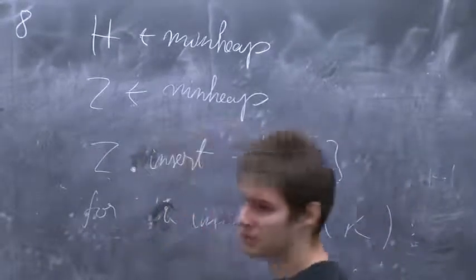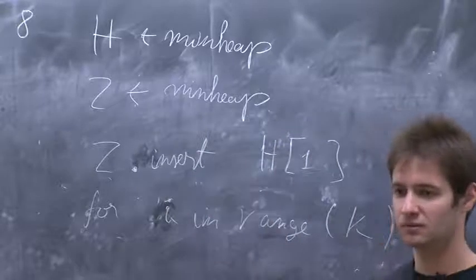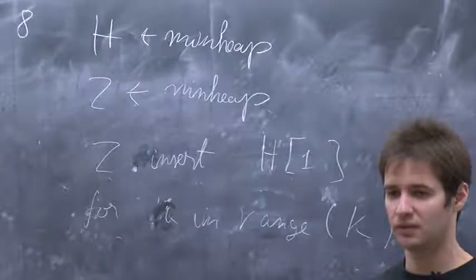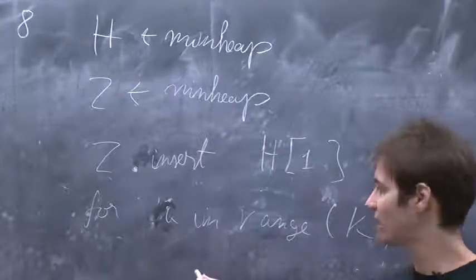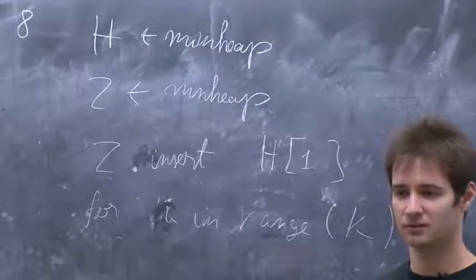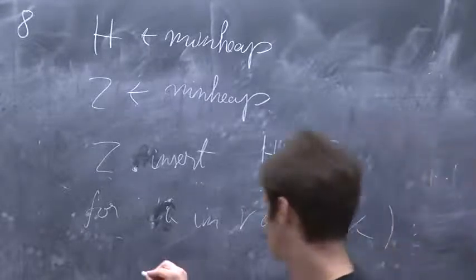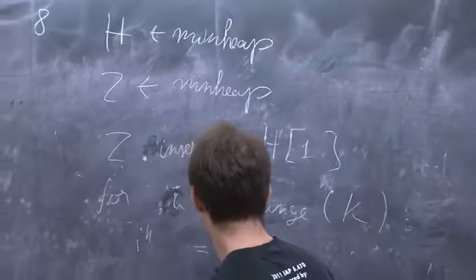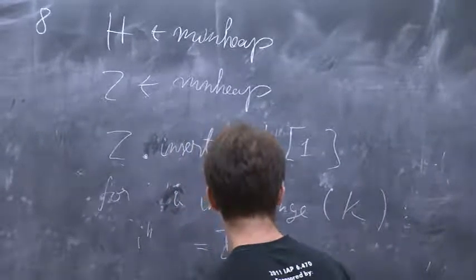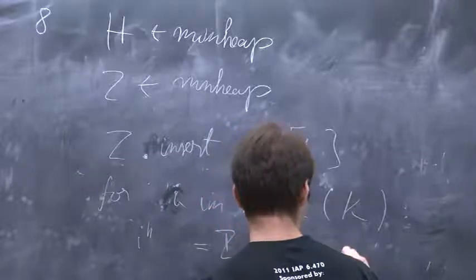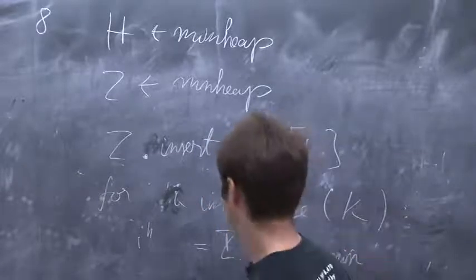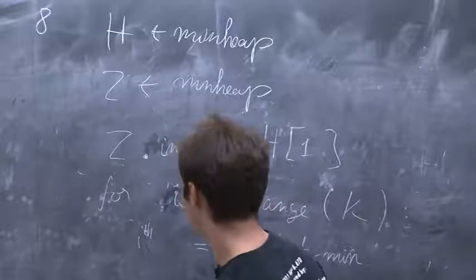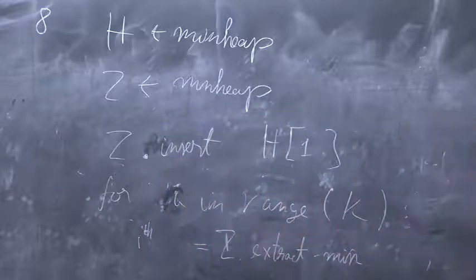What do I want to do? Compute the ith element. How do I do that? Extract min. ith equals z dot extract min. And then I want to insert the children in the horizon.